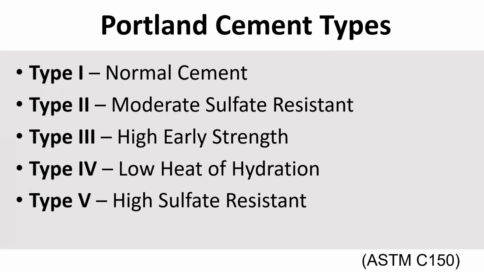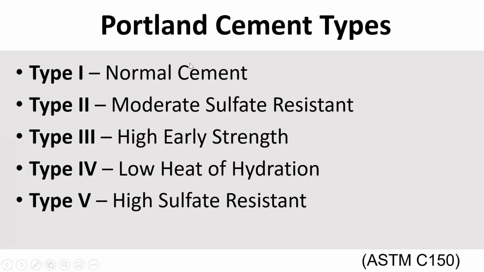A lot of engineering standards will say, for this project, I need a type 1 cement. Well, they really produce a type 2 cement and a type 1 cement. The cement meets both standards, so they'll just put type 1-2.